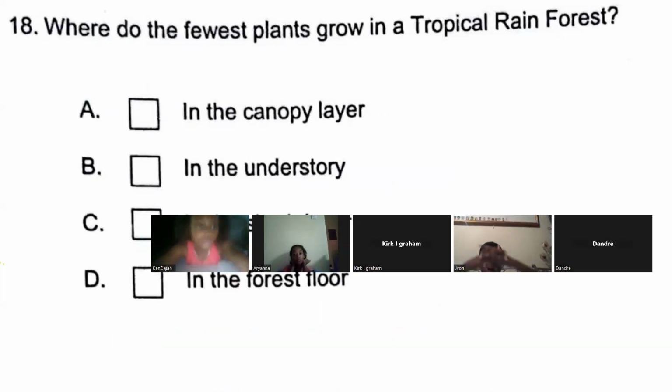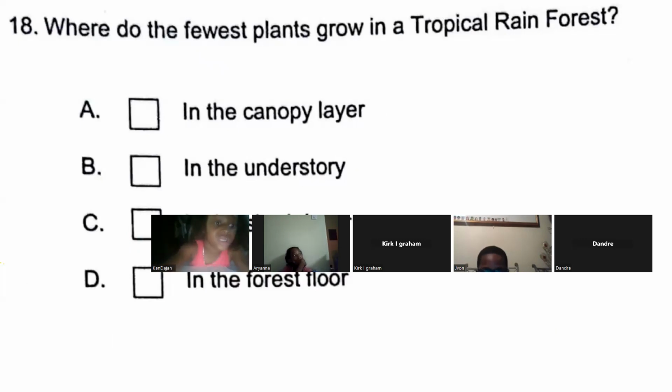Javon, can you read number 18, please? Where do the fewest plants grow in a tropical rainforest?